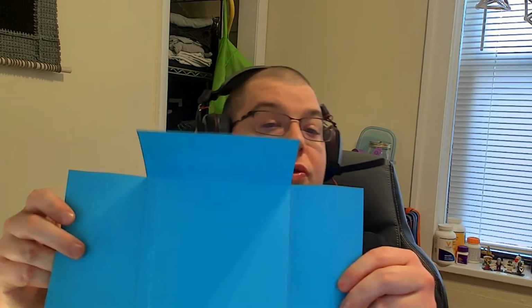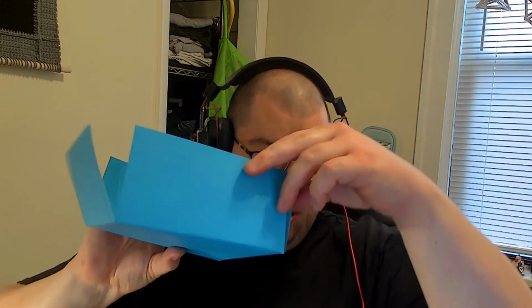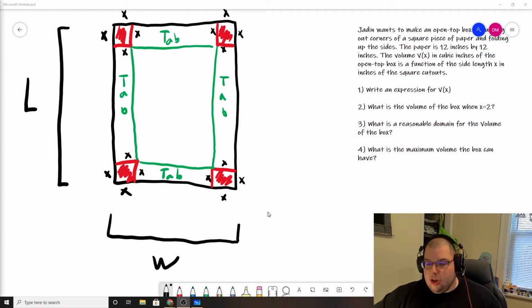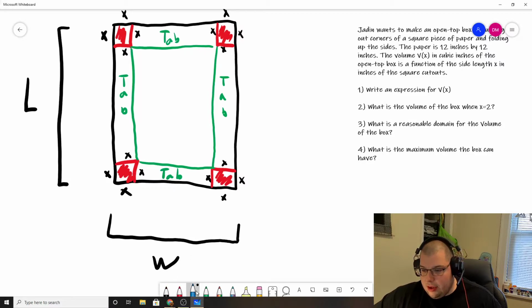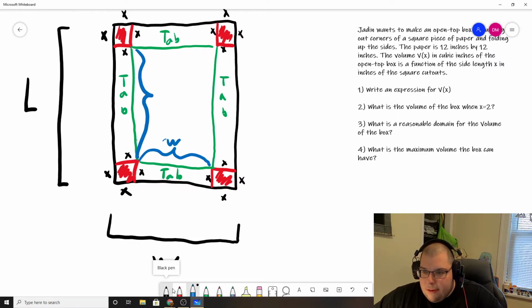So looking at the inside of it, those fold lines become the new length and width of my box. So going back to our whiteboard, that new length and width is right in here. This is the width of the box, and this is the length of the box.